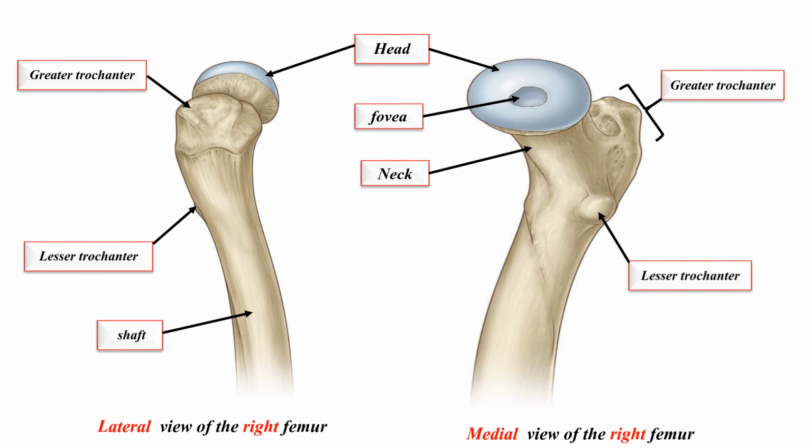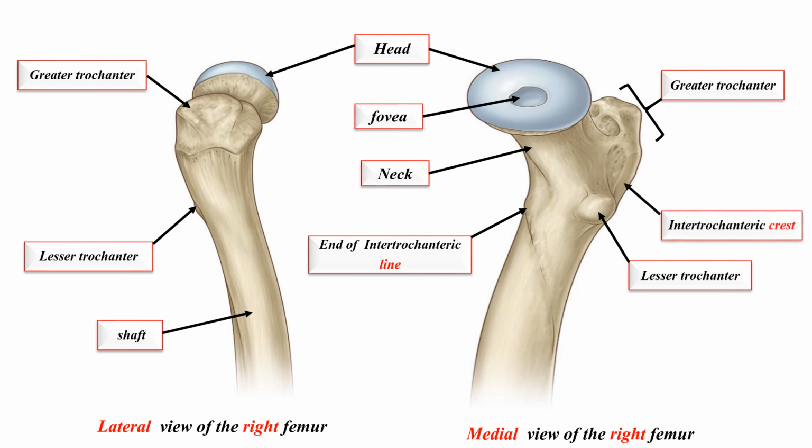Between the greater trochanter and the lesser trochanter anteriorly, there is the intertrochanteric line. This is the end of the intertrochanteric line. Posteriorly, between the greater trochanter and the lesser trochanter, is situated the intertrochanteric crest at the junction of the posterior surface of the neck and the shaft of the femur.